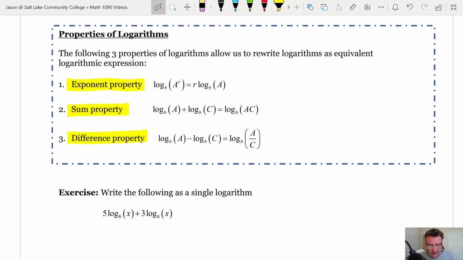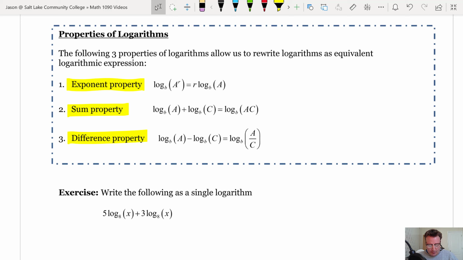So log base b of a to the r becomes r times log base b of a. And actually this is just a consequence of property number 2 here, the sum property. I'll show you why in just a minute.